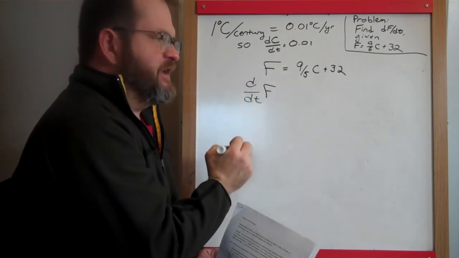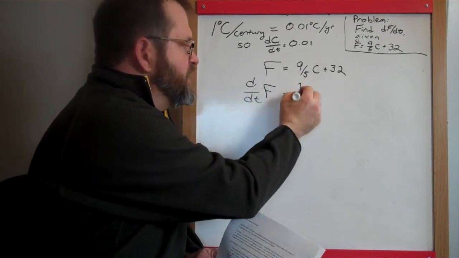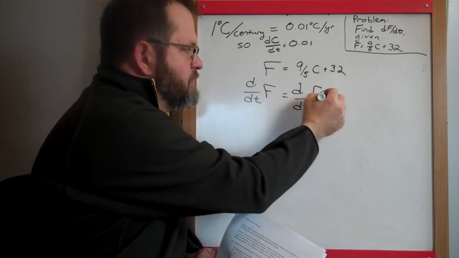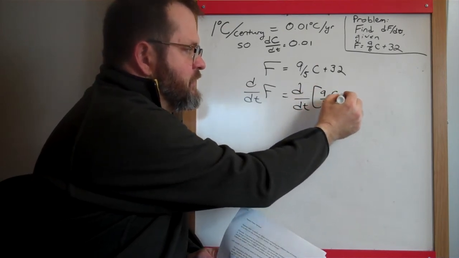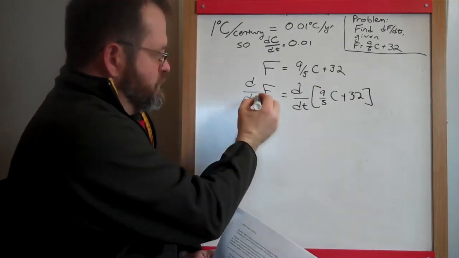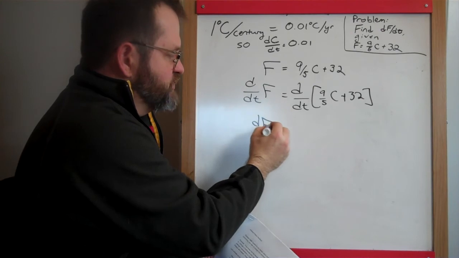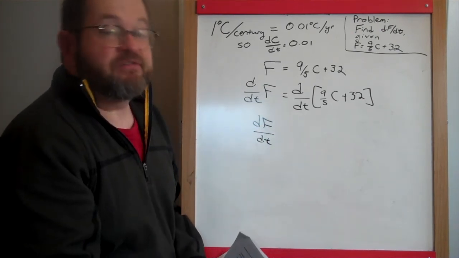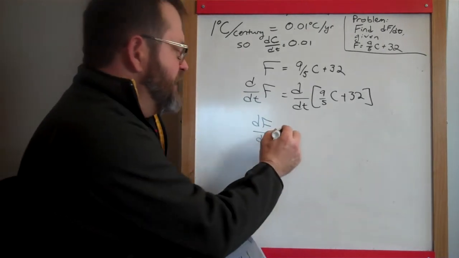So the derivative of the left-hand side of the equation will be equal to the derivative of the right-hand side of the equation. The left-hand side is actually just what we're looking for. We're trying to solve for dF/dt, the change in temperature in Fahrenheit with respect to time.